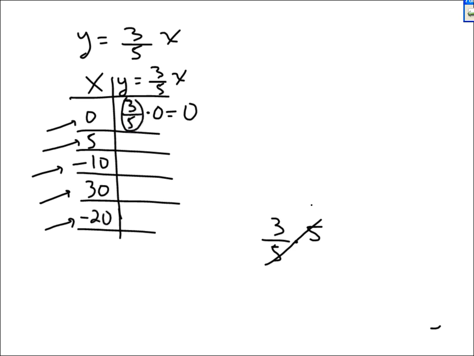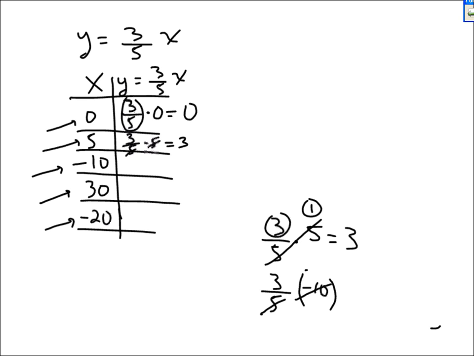Well, 5 goes into 5 one time. 3 times 1 is 3. We have 3 over 5 times 5. The 5's cancel, and you get 3. In the next one, you have 3 over 5 times negative 10. 5 goes into negative 10, negative 2 times. 3 times negative 2, negative 6.